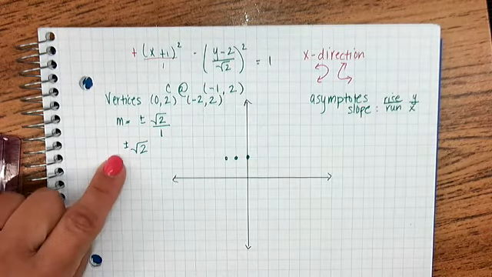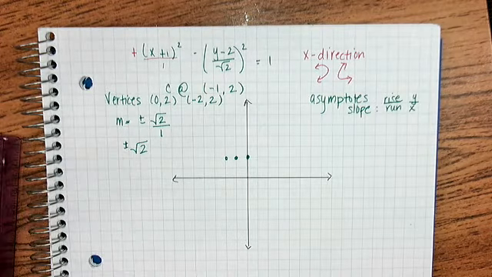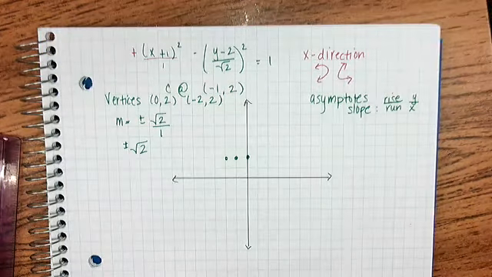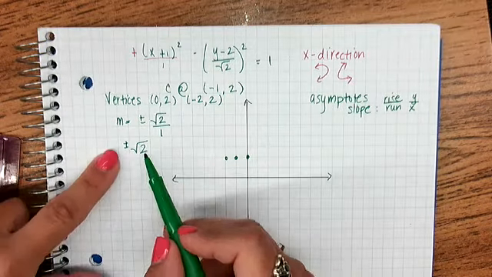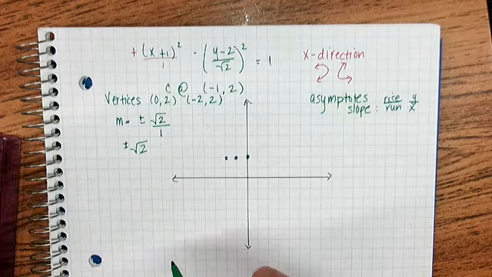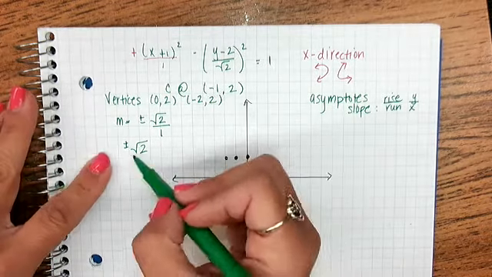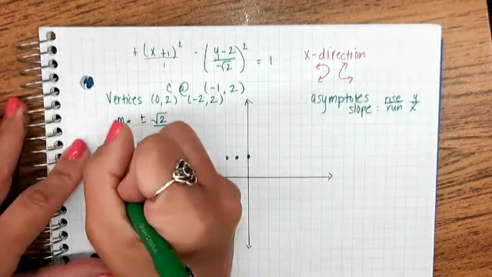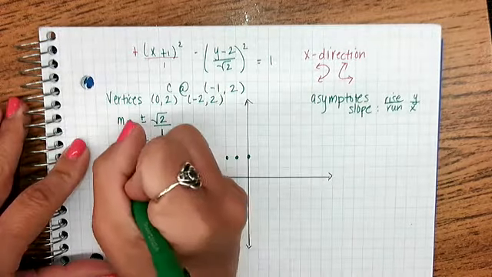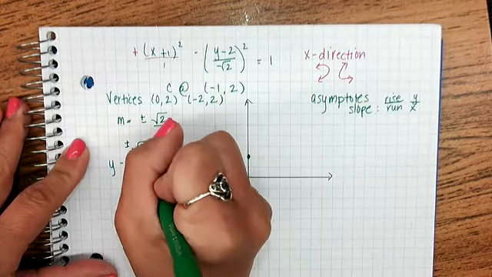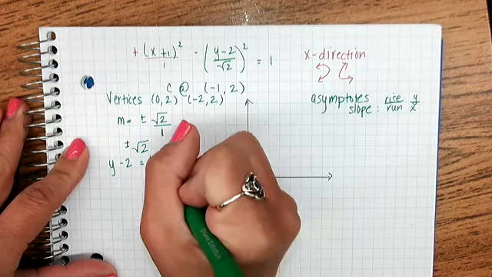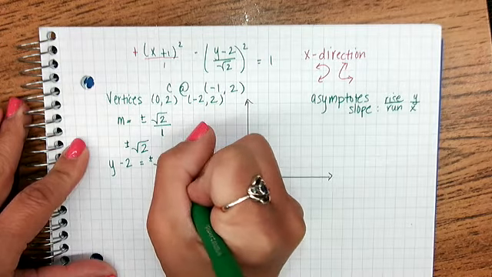Okay, great. Well, lines are equations. So you have slope, you have a point, use point slope form. So the asymptotes are y minus 2 equals plus or minus root 2 times x plus 1.